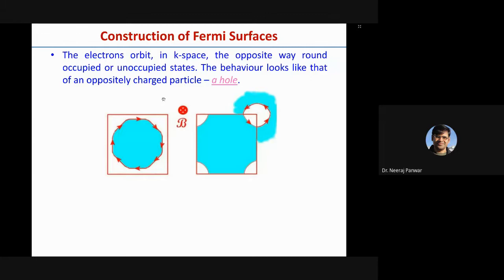So based on this band theory of solids, the physicists were able to explain the anomalous sign of Hall coefficient for different metals.